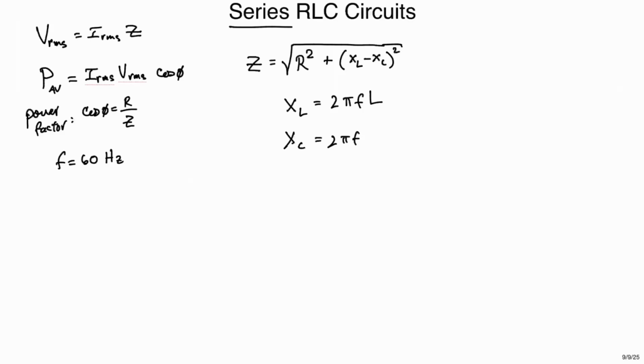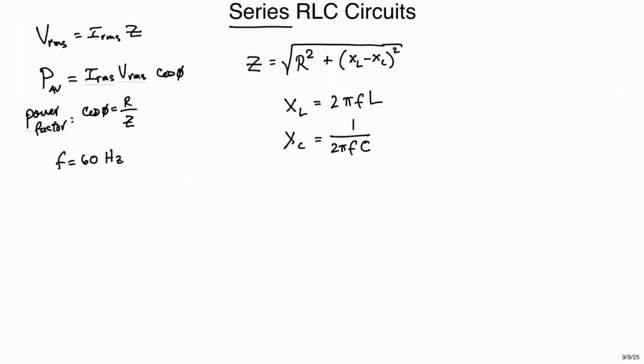My note cannot be correct. It's 1 over that. Sorry, I was writing. It's 1 over 2 pi f times the capacitance. There we go. That's correct.